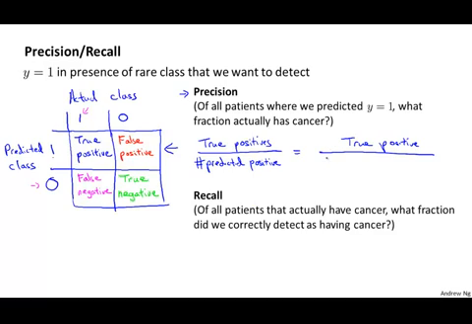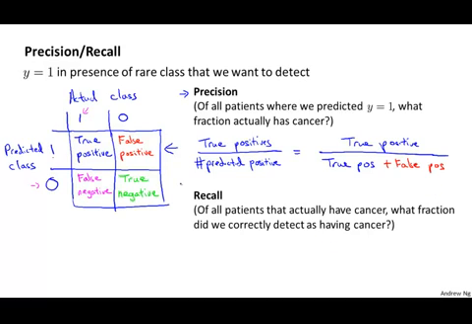So it'd be true positives divided by true positives (POS) plus false positives (POS). High precision would be good. That means that of all the patients that we went to and said, we're very sorry, we think you have cancer, most of them we had made accurate predictions on, and they do have cancer.